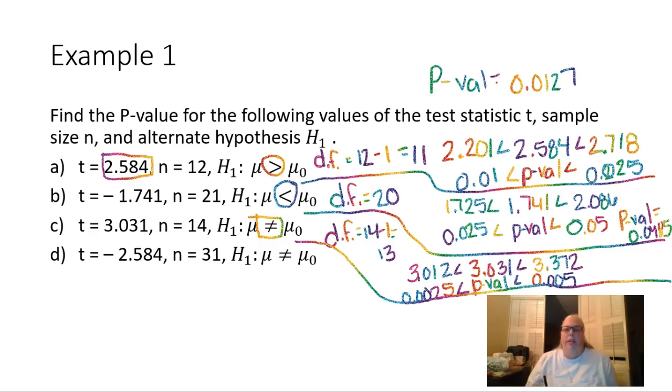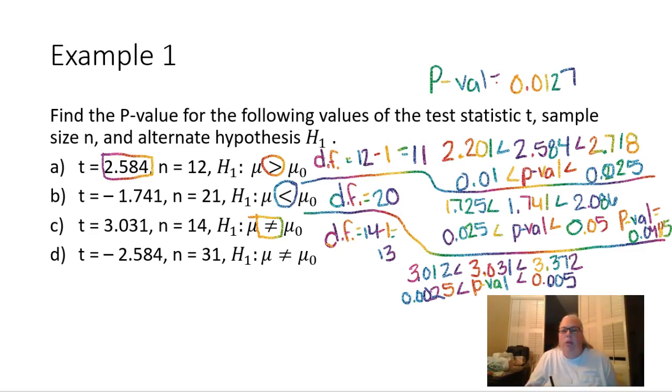Now let's go to the ALEKS calculator and let's get our exact p-value. Oh wait a minute, we have to double those, don't we? That's right, because this is a two-tailed test. We're supposed to double everything because it was a two-tailed test.